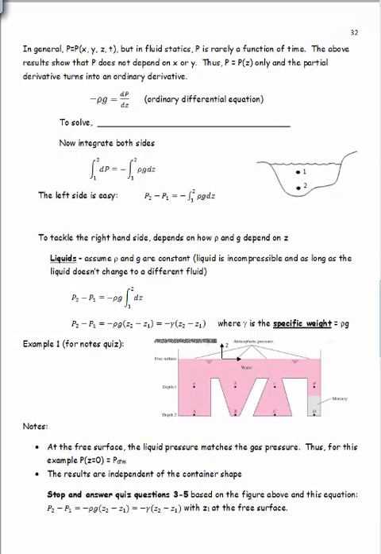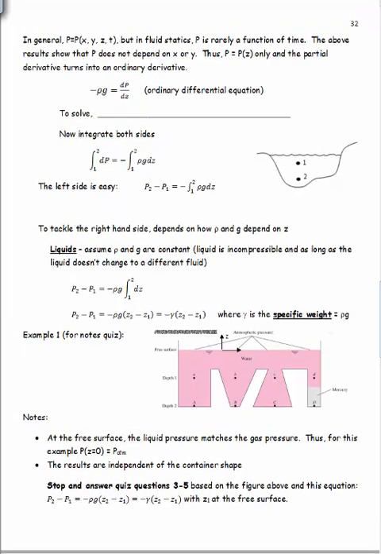It started out pretty complicated, but because it's statics, it ended up pretty simple. Since pressure is not a function of x or y, and normally in hydrostatics it's not a function of time either, we can convert our partial differential equation to an ordinary differential equation.